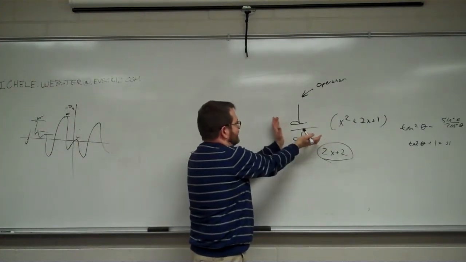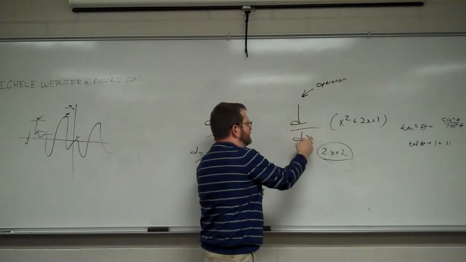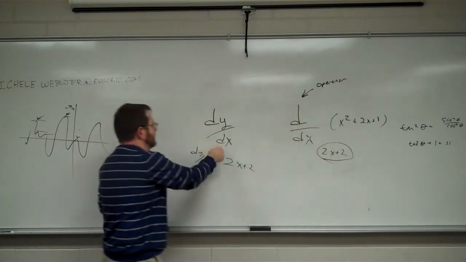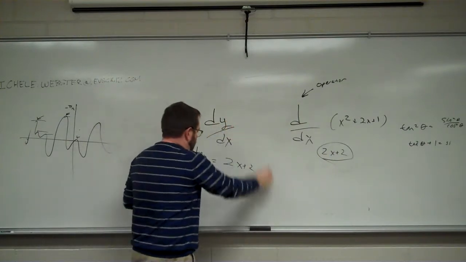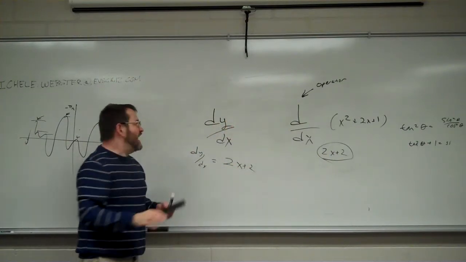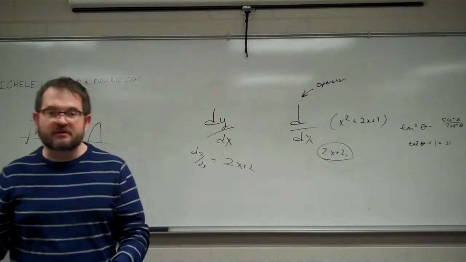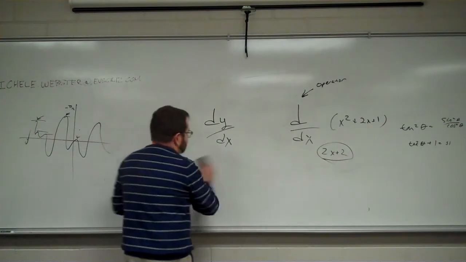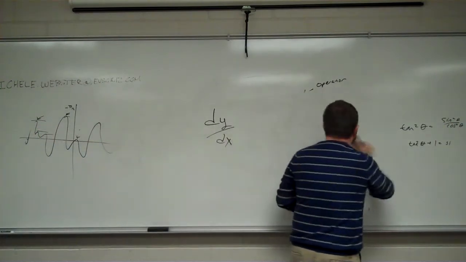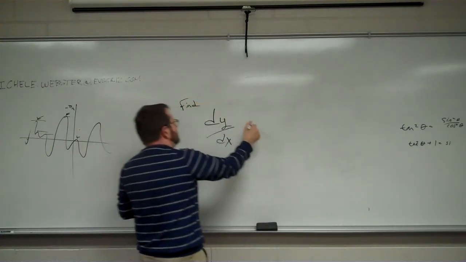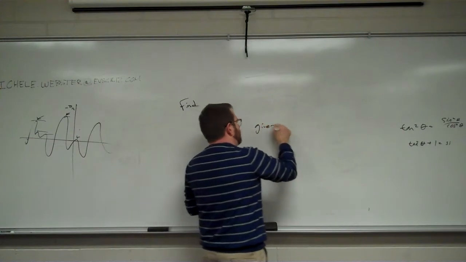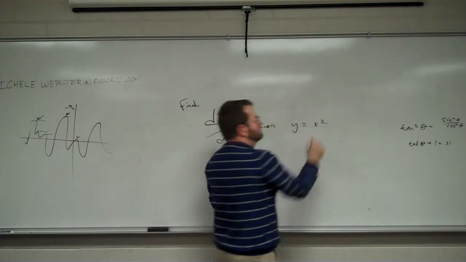Go do this. This is take the derivative of. We have dy dx is equal to this, or find dy dx given. That would be one way they would write it. Some of your problems are written something like, find dy dx given y equals x squared.